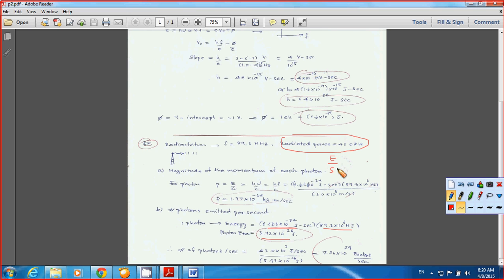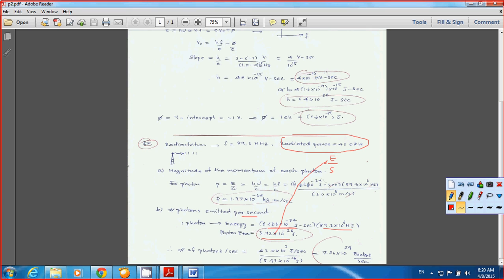That's why they ask how many photons are emitted per second. Take a look at the unit here. You need to divide 43.0 kilowatts by the photon energy, this one here.